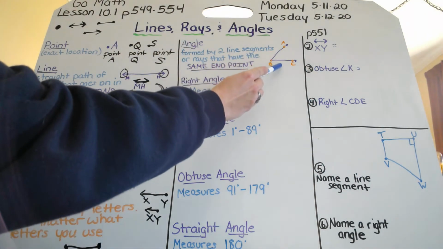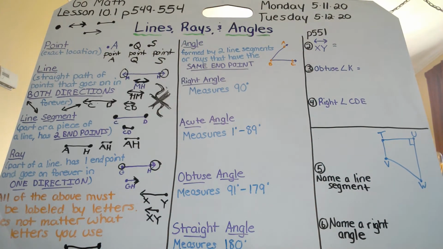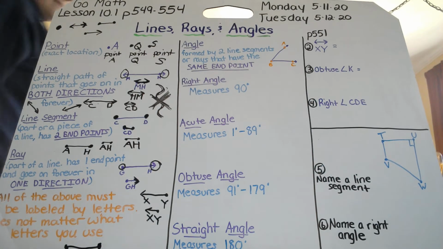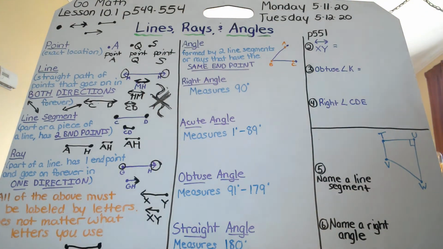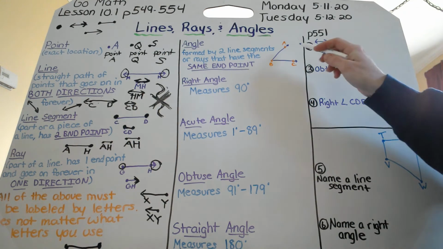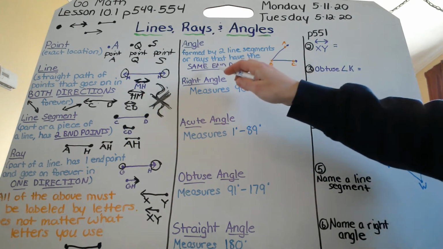So I drew an example of an angle right here. And you know what, I'm kind of going to switch sides just so I'm not reaching over the board. Hold on one second. So what I drew right there is an example of an angle. And it is two line segments or rays that have the same endpoint.